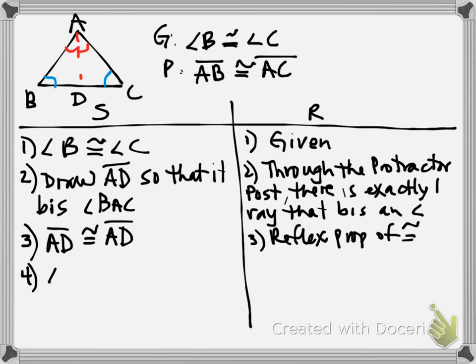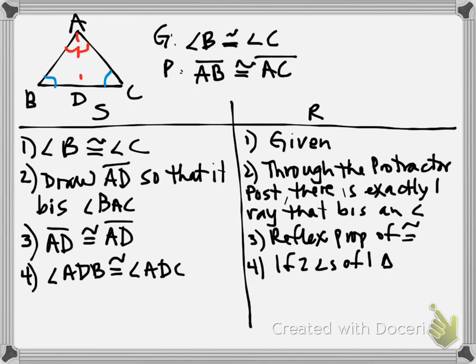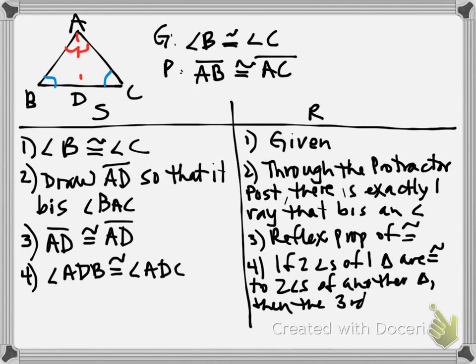So we're going to get angle ADB is going to be congruent to angle ADC if two angles of one triangle are congruent to two angles of another triangle, then the third angles are congruent.